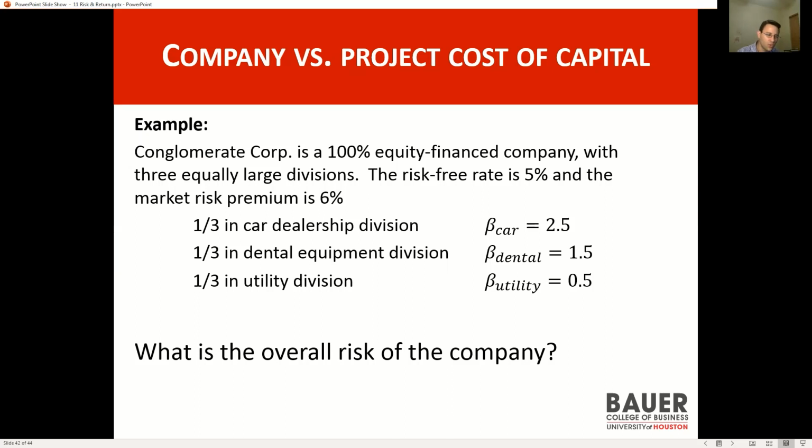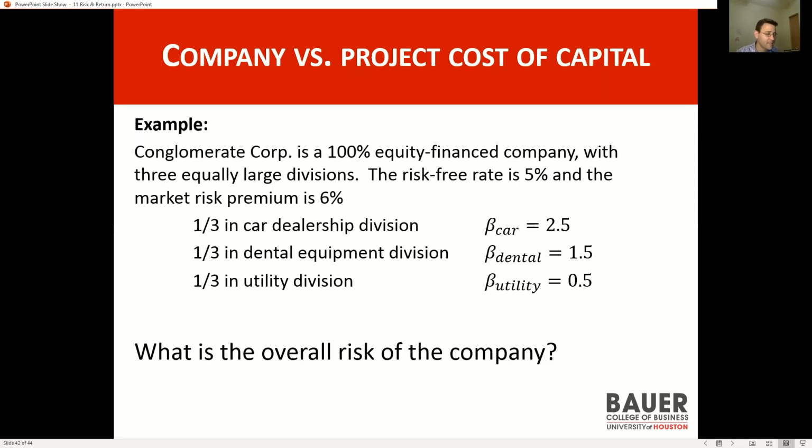You're going to be using too low of a discount rate to discount these risky projects. The average discount rate is going to be much lower for the company than in its riskiest division. And so you're going to be taking on too many car projects that earn a return that's above the company average, but below what you need to compensate you for the risk of the car business.